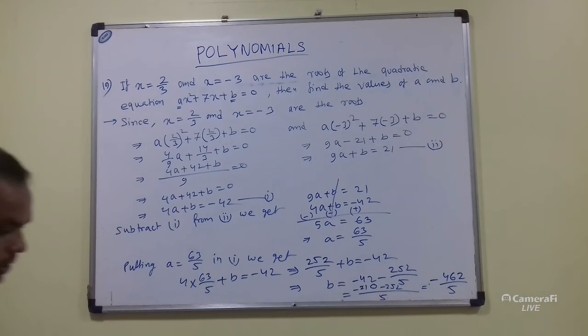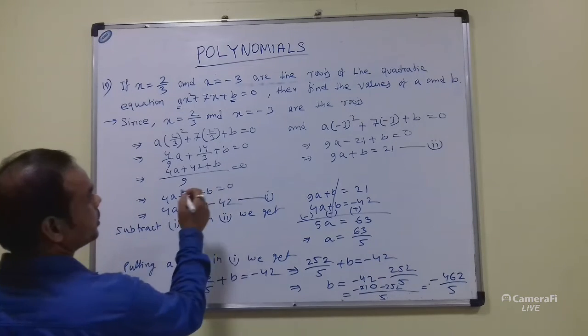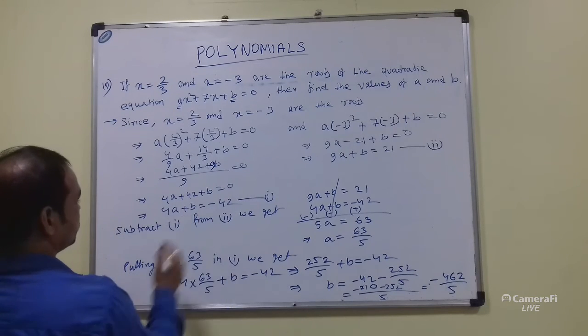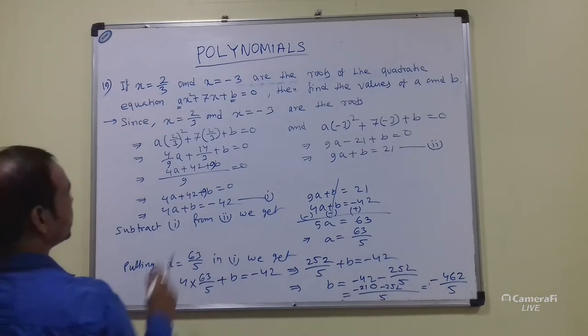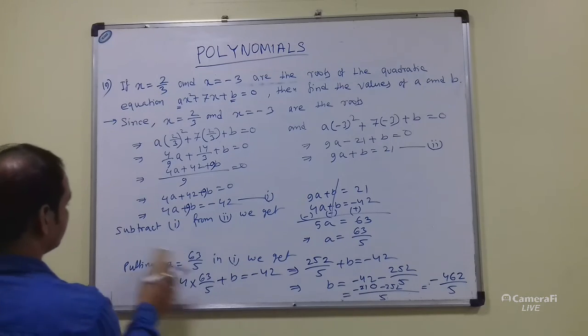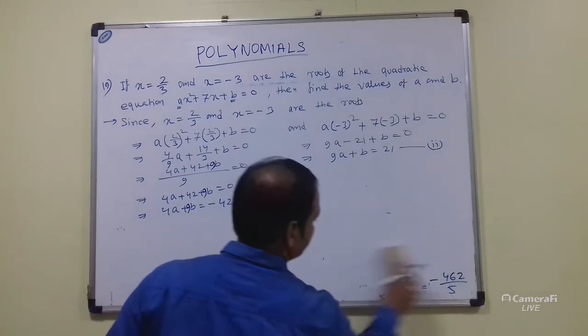Oh, students, here I made a mistake. It will be 9b. Here I made some mistake. It will be 9b, students. So this portion is wrong.